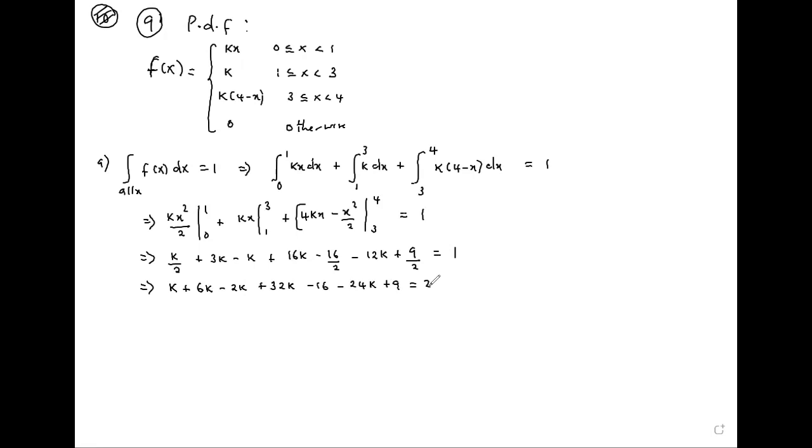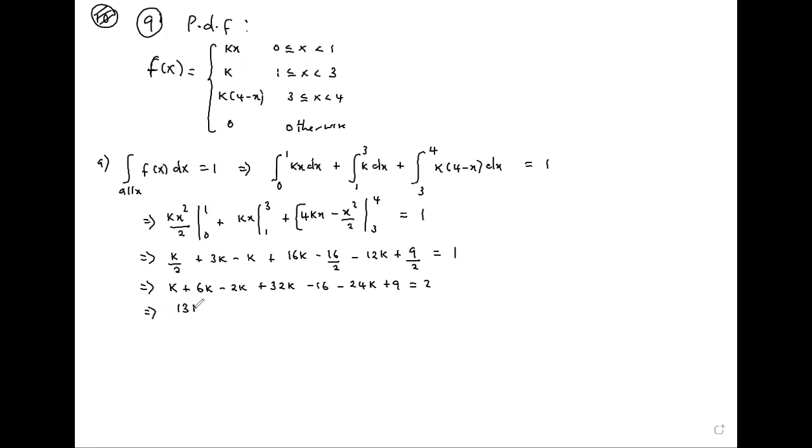Now we can collect like terms. So k plus 6k, you get 7k. 7k minus 2k, we get 5k. 5k plus 32k, we get 37k. 37k minus 24k, that's 13k.